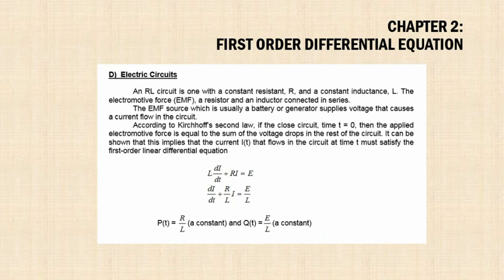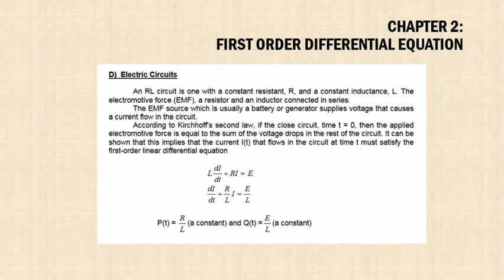The EMF source, which is usually a battery or generator, supplies voltage that causes a current to flow in the circuit.